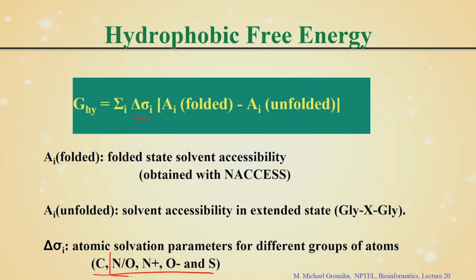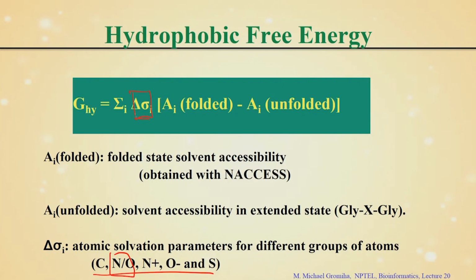Oxygen we have 2 types, neutral and negatively charged. So, here the neutral nitrogen and oxygen we combine together, N and O, then N plus, O minus, and S. But we can use different classifications. You can use nitrogen and oxygen separately, and main chain carbon and side chain carbon separately, depending upon the connectivities and the amino acids. For simplicity here we use 5 different classes. If this is known, then we can calculate the hydrophobic free energy.